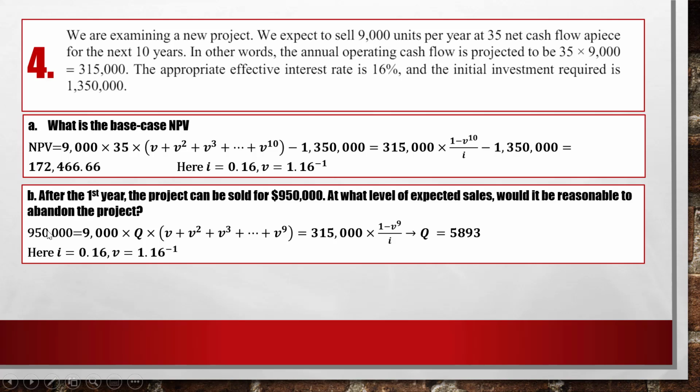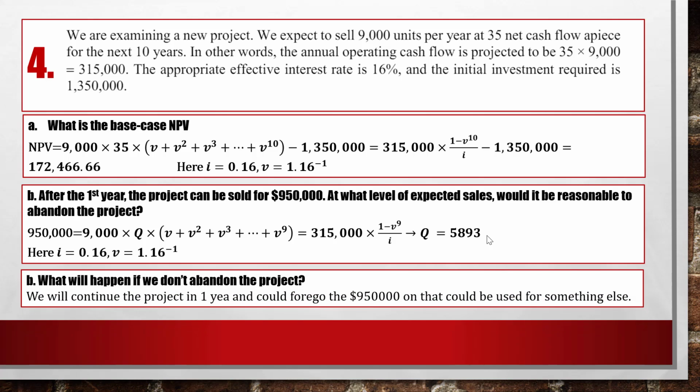So we got 950,000 equal to 315,000 times 1 minus V to the 9 over i. So Q here is 5,893. That means if we sell lower than 5,893 at time 1, we abandon the project. If we got more than 5,893, then we continue the project. That is the break-even level.